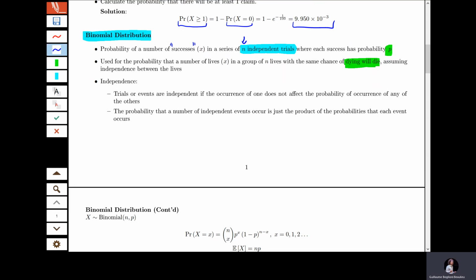If that's the case, as we've seen in the course, the probability of an intersection of events, so the probability to get event, let's say A1 and A2 and A3, etc., under independence, this is probability of A1 times probability of A2, etc.